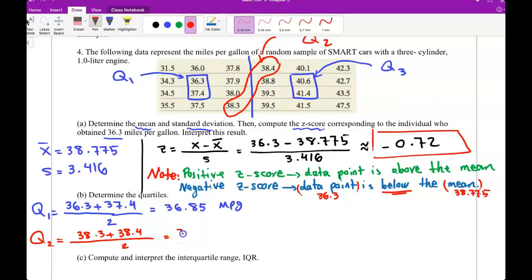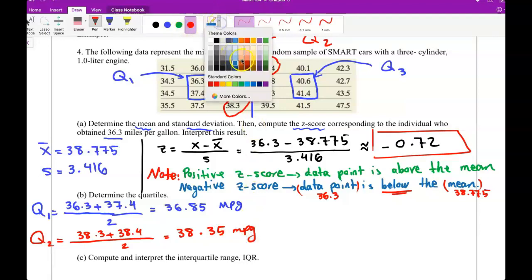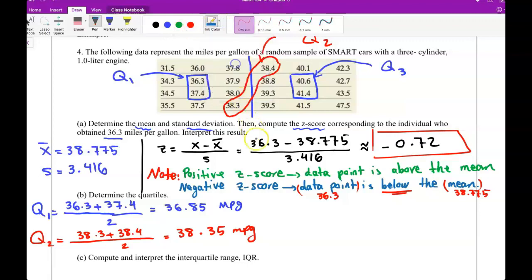So that is 38.35 miles per gallon. And Q3 is 40.6 plus 41.4 divided by 2.